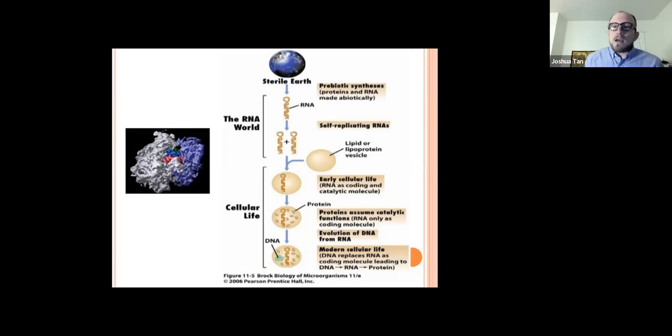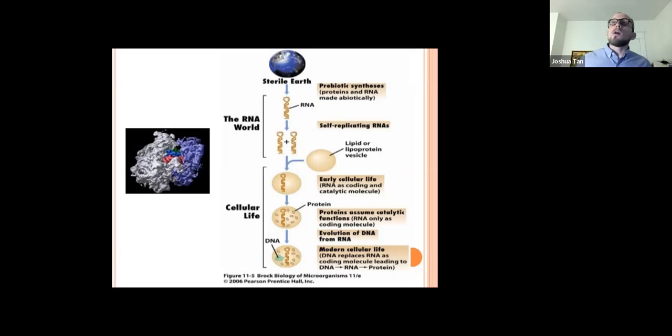The idea is that once you have early cellular life, that then proteins and RNA interact more and more inside of cells, and eventually DNA becomes the storage of the information that the cell needs to make the proteins and allow for the reactions that allow for life to exist and thrive in different environments. This is what is called modern cellular life at the bottom of this slide.